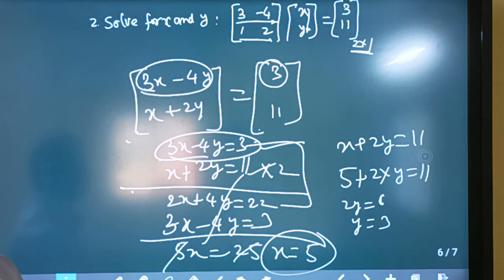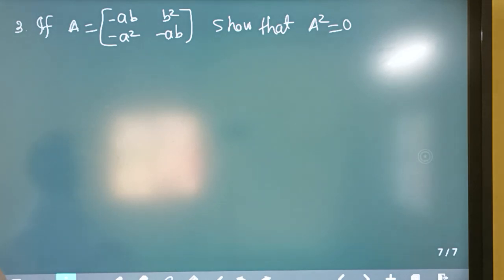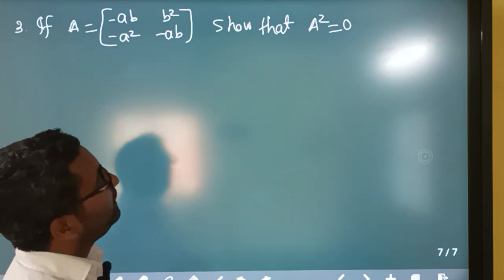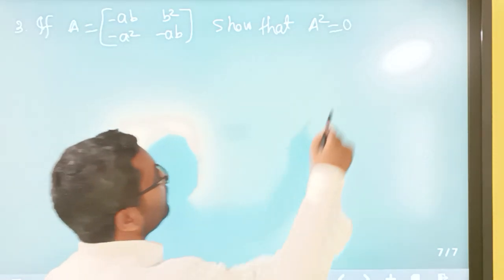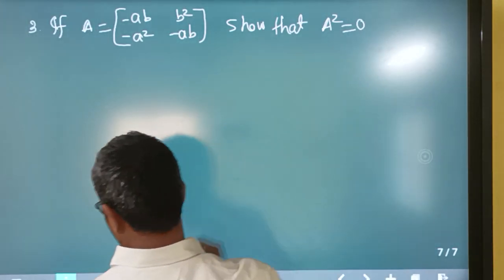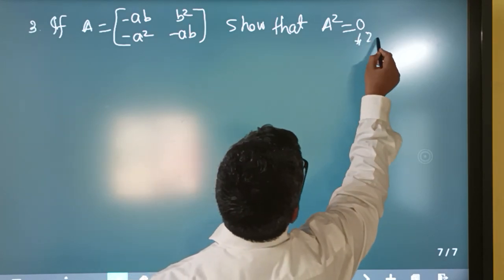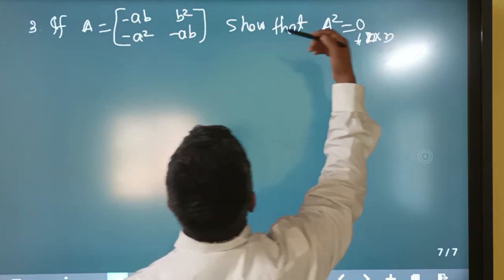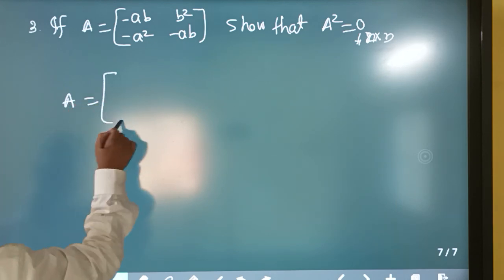So now we will discuss the last one. The question 3: if A equals the matrix with entries minus ab, b square, minus a square, ab, show that A square equals O, meaning the null matrix, of order n cross n. So A is given.